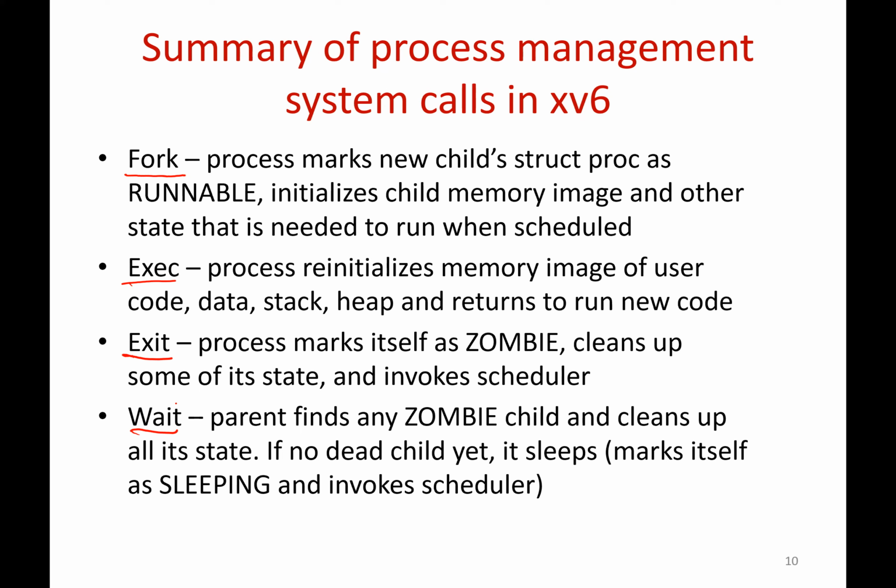And if no child has died yet, the parent will wait for the child to die. That is why the system call is called wait. So we've seen a rough implementation of these system calls in xv6. We will study them in more detail in subsequent lectures.